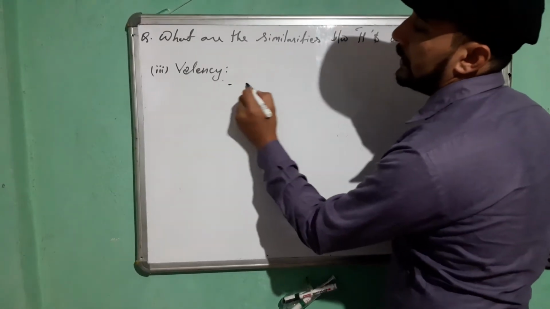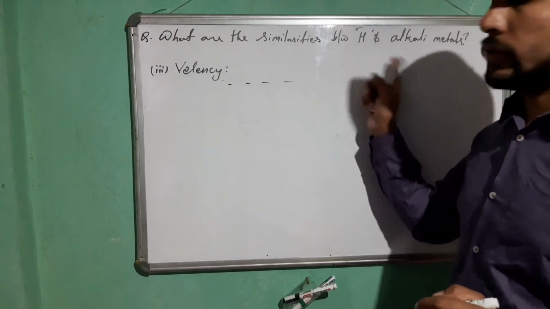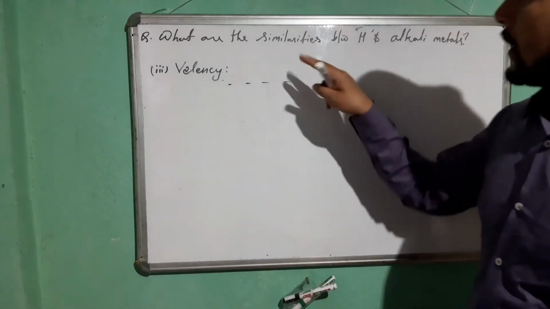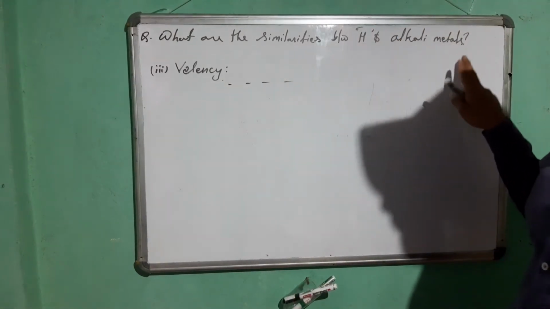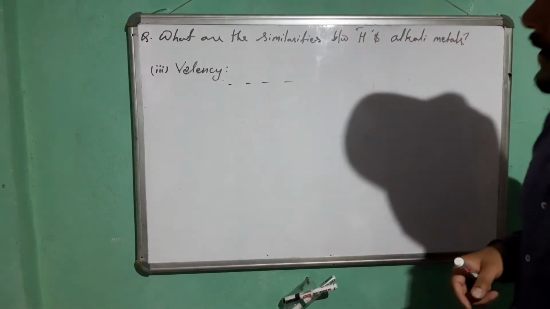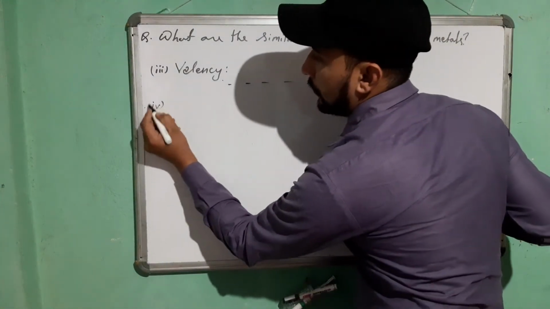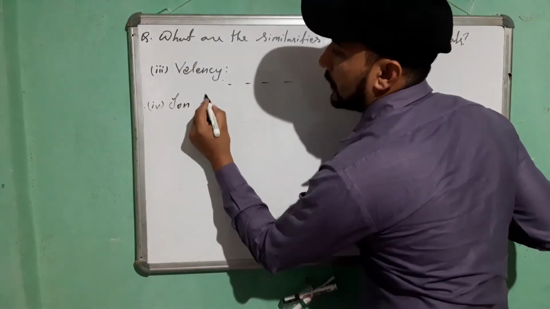Okay, you write that one. Valency of alkali metals is 1 and the valency of hydrogen is also 1. So that is another similarity between hydrogen and alkali metals, due to which hydrogen is placed in group 1. Okay. Next you have ion formation. Number 4 is ion formation.